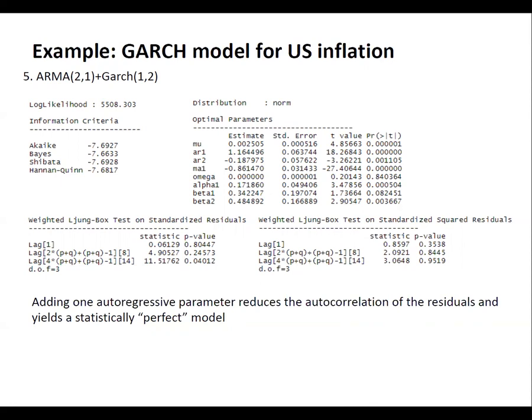Simply, when we have the goal of removing autocorrelation from the residuals themselves, that is, increasing the explanatory power of the model, we can simply increase the number of parameters of the ARMA model. We just try ARMA(2,1), ARMA(2,2), ARMA(3,2), and if this autocorrelation disappears, then we have succeeded.